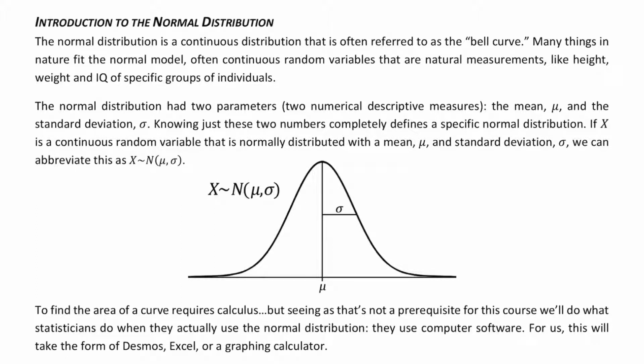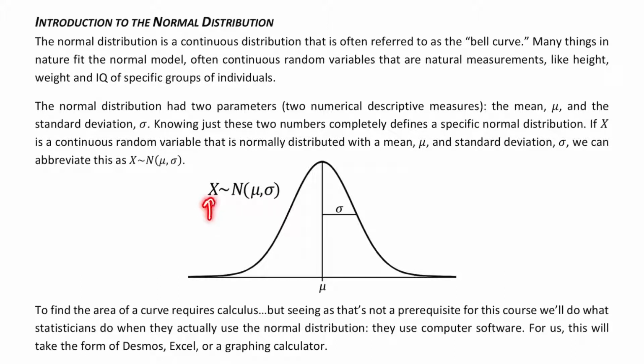A normal distribution just has two parameters, just two numbers that we're interested in, the mu and the sigma, so the mean and the standard deviation. If I know the mean and I know the standard deviation, I know everything there is to know about this normal distribution. So I can shorthand name the normal distribution just like you might have done with the binomial distribution, and we would name it like this.